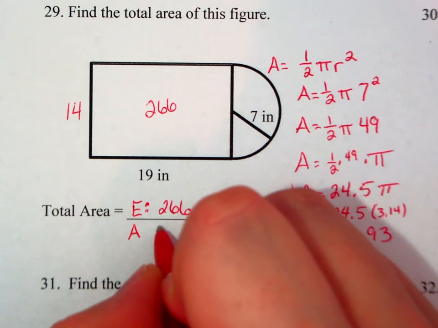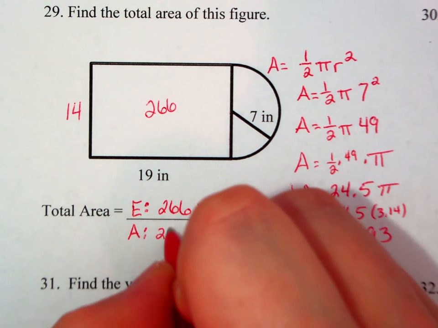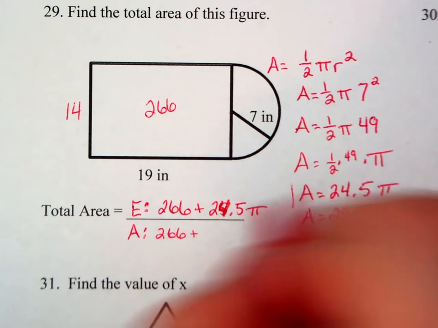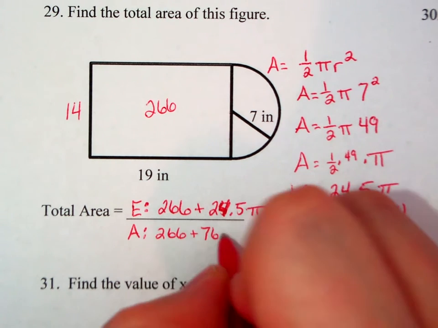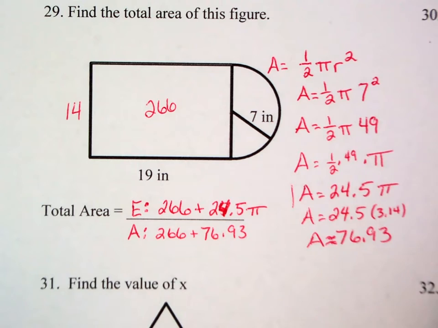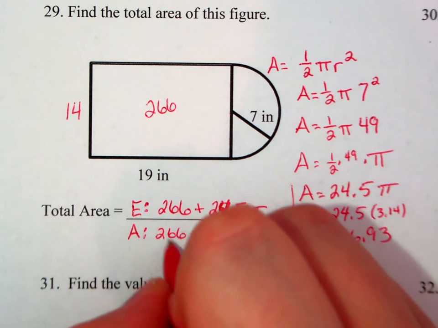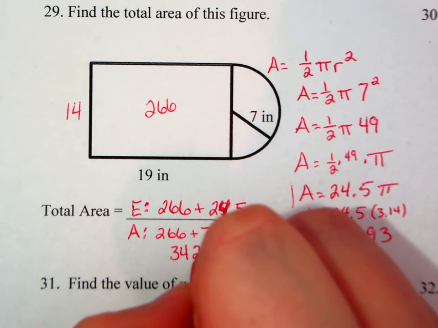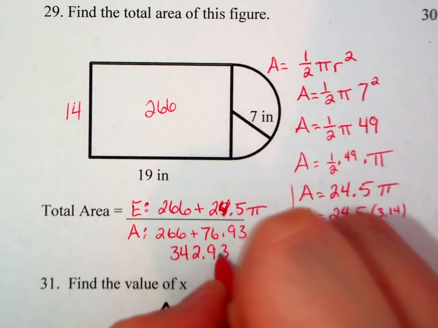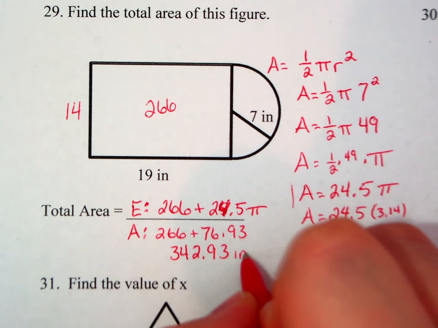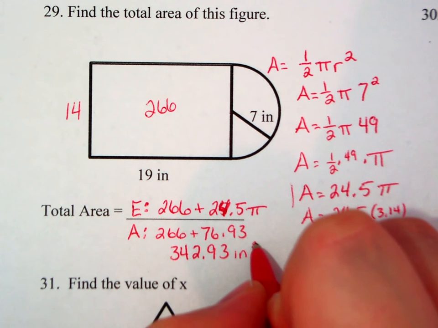And so I could add 266 plus 76.93 and determine that the approximate value is 342.93 inches squared.